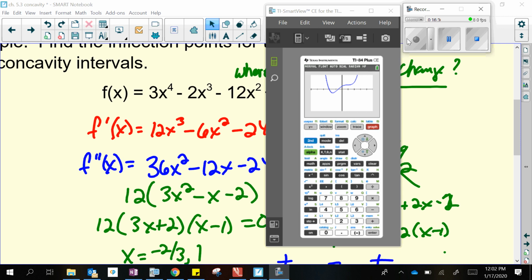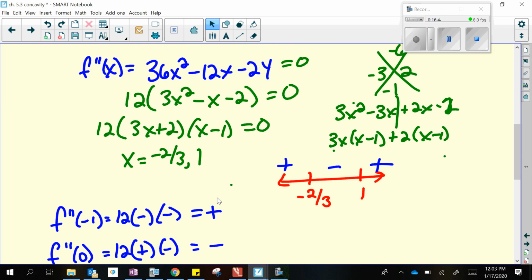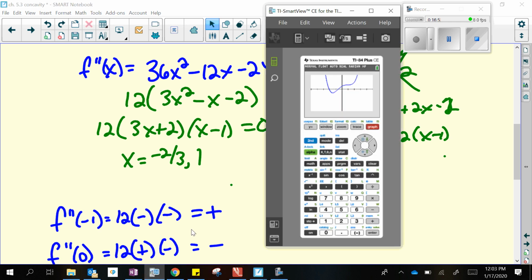Okay, so if we look at this function on the calculator, we can see what we found is that, according to our work, inflections change at negative 2/3 and at 1. And if you look at it on the calculator, you can see where this is a min, which we didn't care where that was happening.